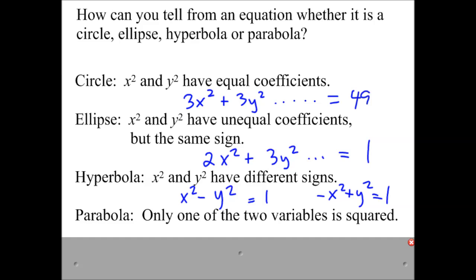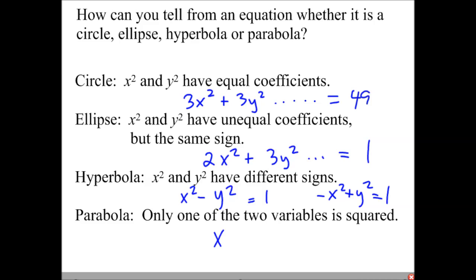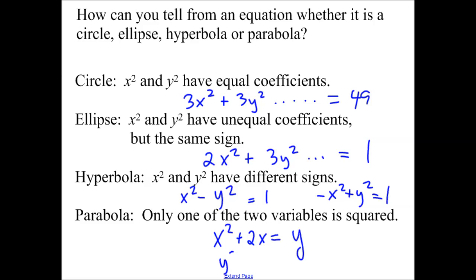And lastly, the parabola has only one of the variables squared, whether it be x squared or y squared. Both of those are considered parabolas. So you have one linear term, the x here in the second one, and one linear term here with the y.